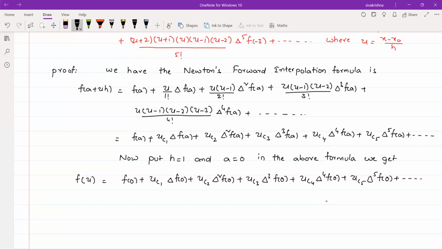Okay, so whenever we substituted a is equal to 0 and h is equal to 1 in the above formula, then we get this step.